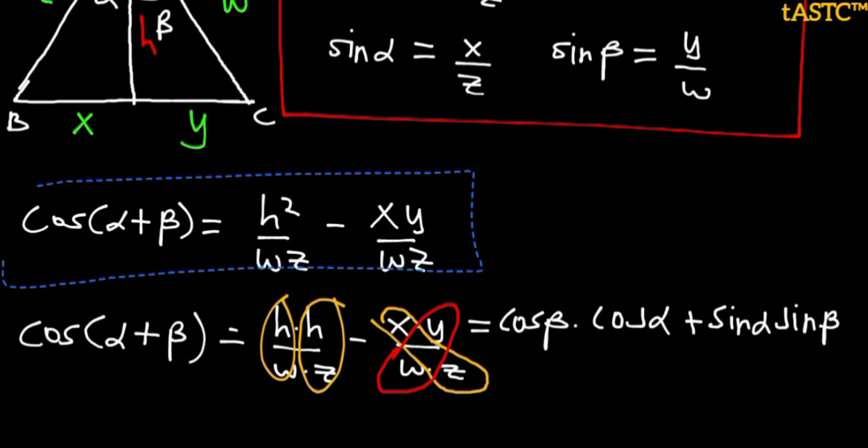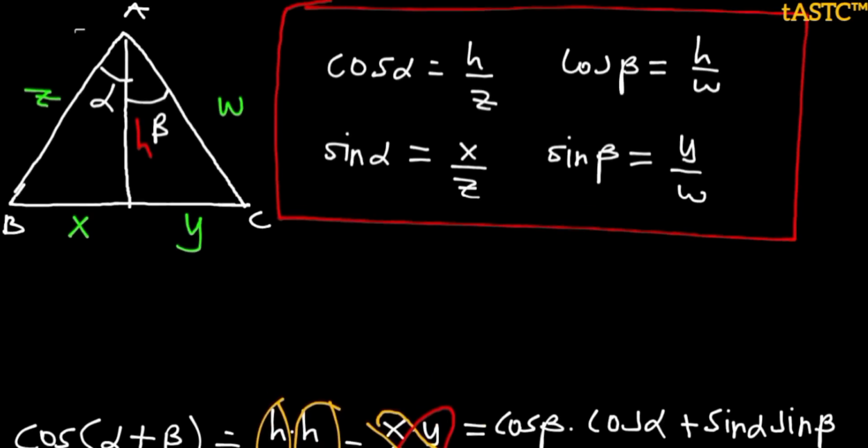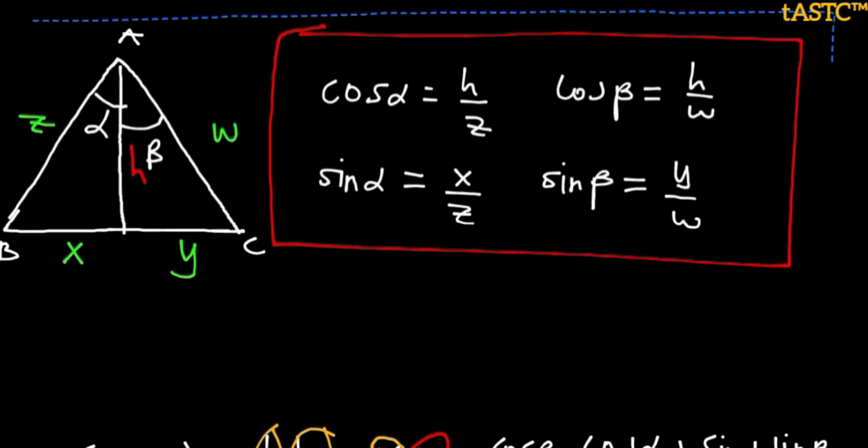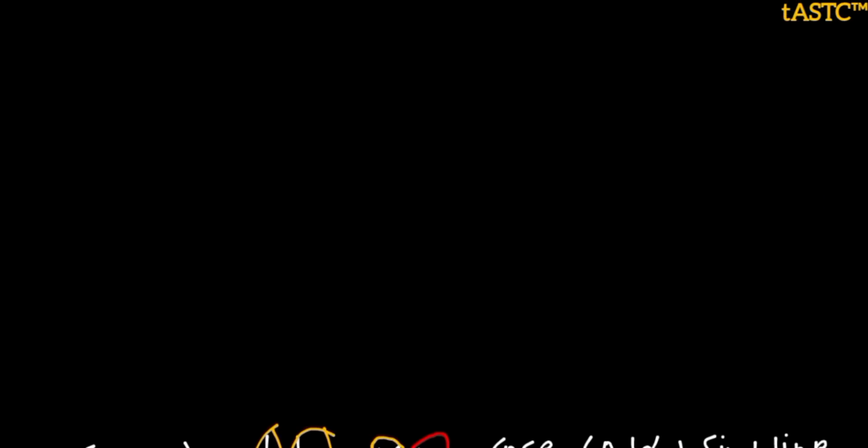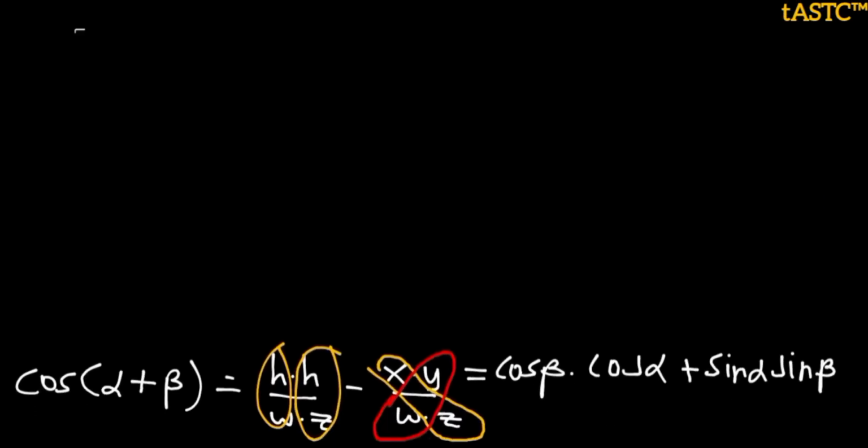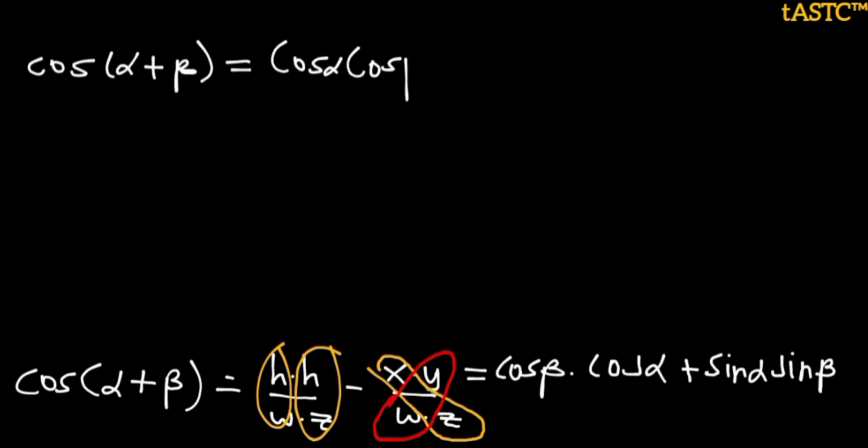So from here we can see that we have something really nice. I'm going to wipe everything out on this side now. So we can see that we got cos of alpha plus beta, and that is equal to cos alpha multiplied by cos beta plus sine alpha sine beta.